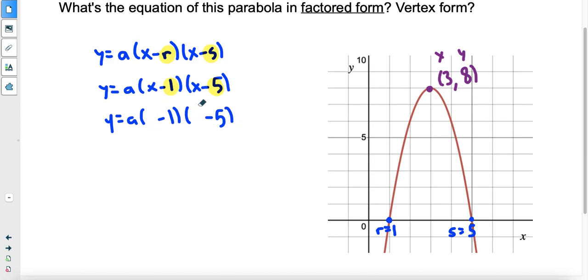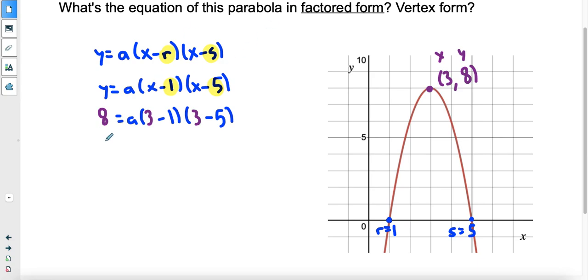In place of my x, I can plug in 3, and in place of my y value here, I can plug in 8. And now I just need to solve this for a.